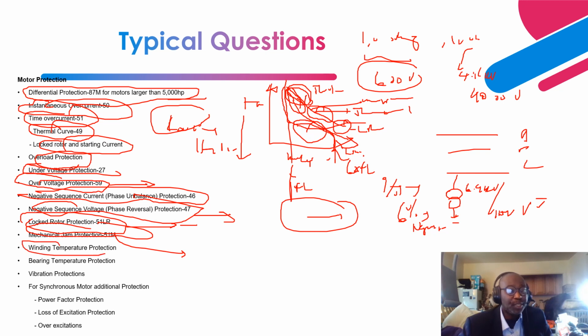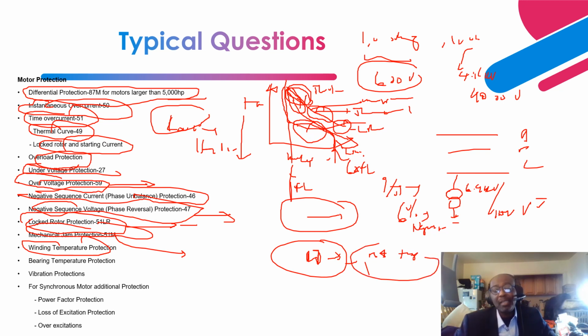Next is winding temperature. Similarly to the generator, we have RTDs that are embedded in the slots of the core, in between the windings. They produce resistance measurements that are translated into temperature measurements to detect the inside temperature. As the motor is operating, there's a build-up of heat.